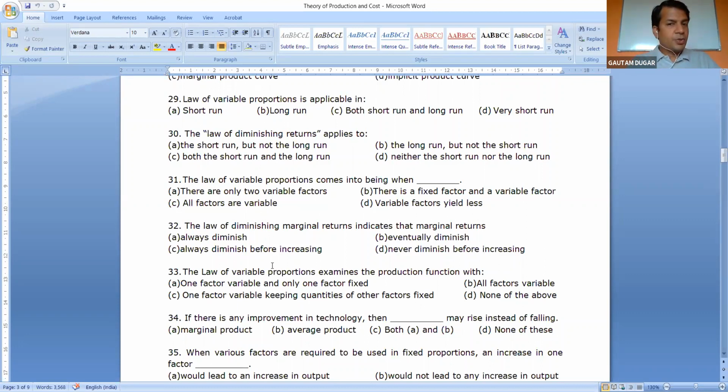So, 32, the law of diminishing marginal returns indicates that marginal returns will eventually decline.